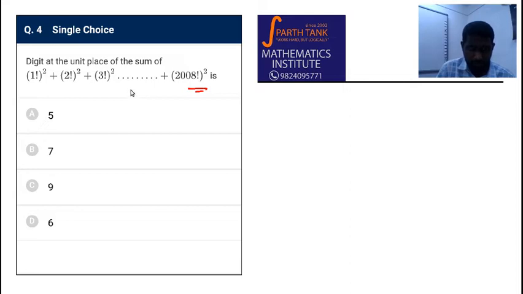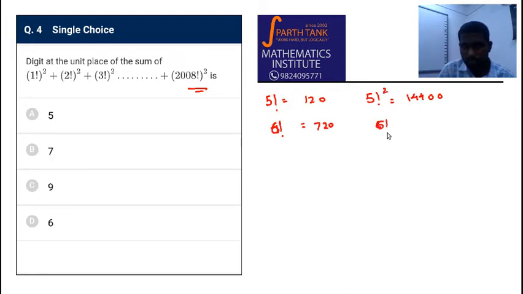You know 5 factorial is how much? 120, right? So 5 factorial squared, big number, is 14,400. Now 6 factorial will be 720. So 6 factorial squared will also be a big number with 2 zeros.